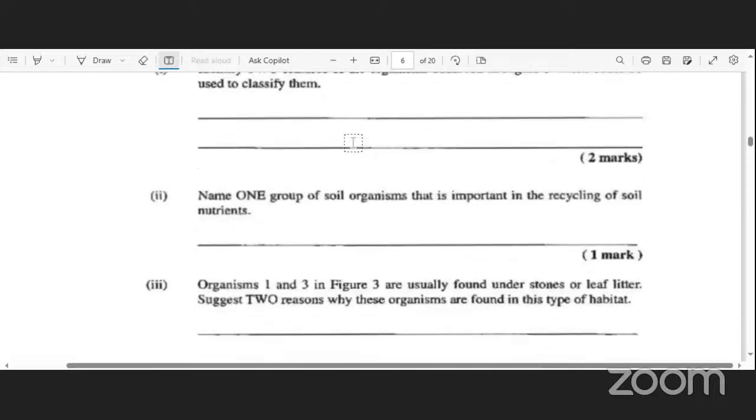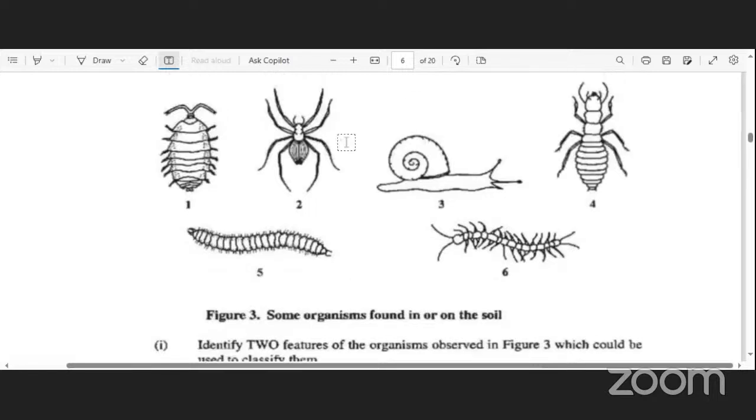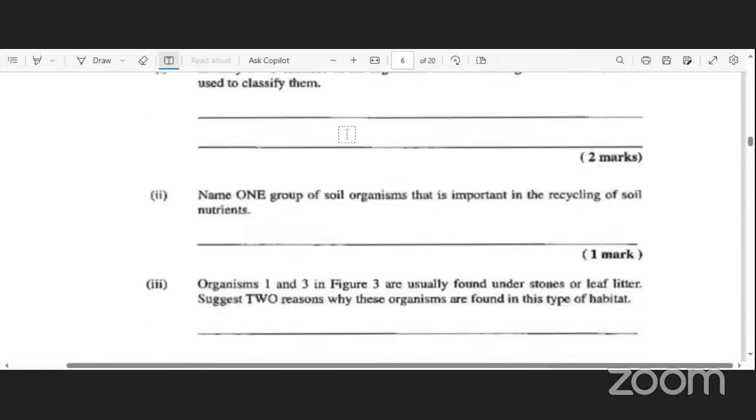Name one group of soil organisms that is important in the recycling of soil nutrients. Which organism in the soil helps with the recycling of soil nutrients? Give me an example of one that helps with the recycling. Worms. What kind of worm?